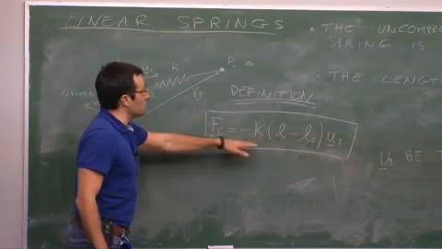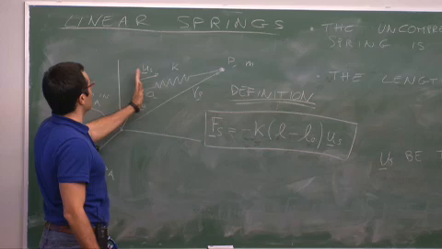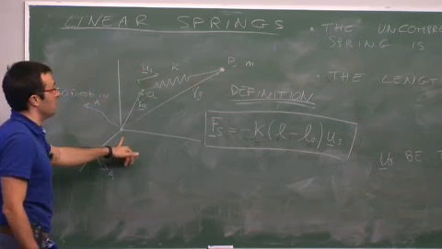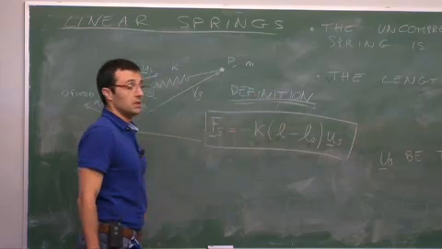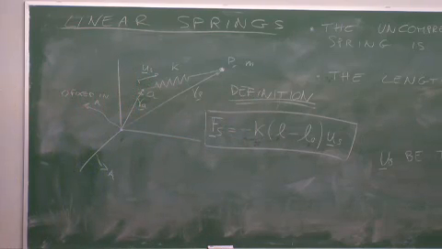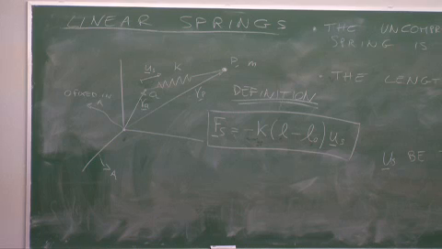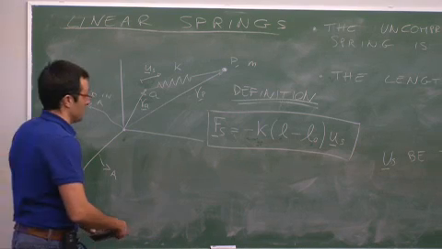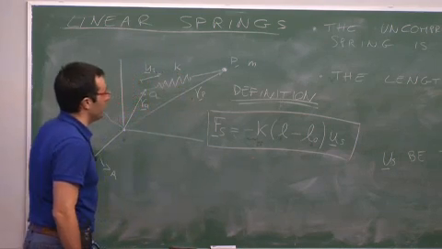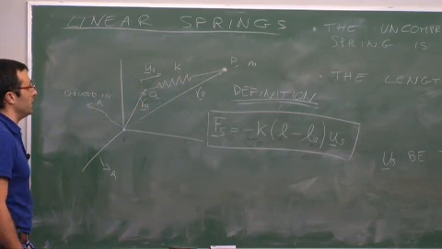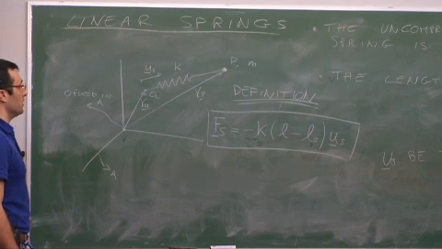You're more than welcome to start thinking about a case where Q is fixed in reference frame A, and you start pulling or compressing the spring and see if this makes sense to you, and it will. So you can do your sub-cases if you want, but this is really the vector expression of the force that a linear spring will exert on a particle of mass m given point of attachment Q.